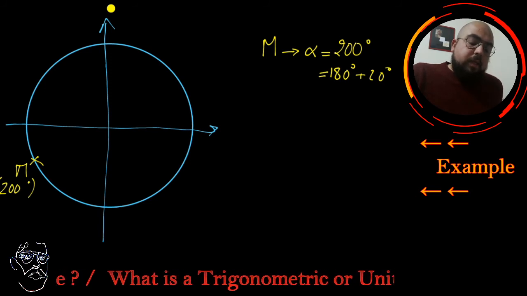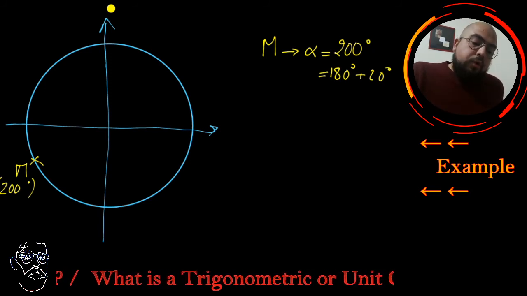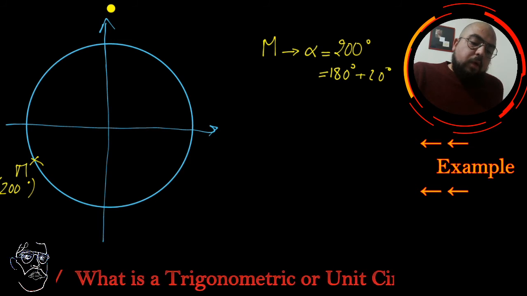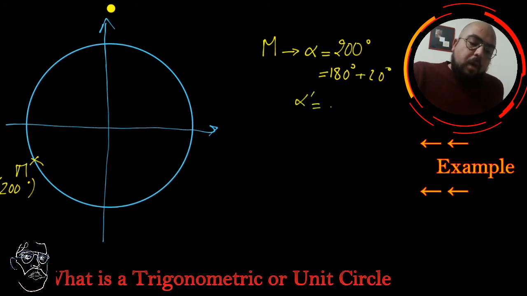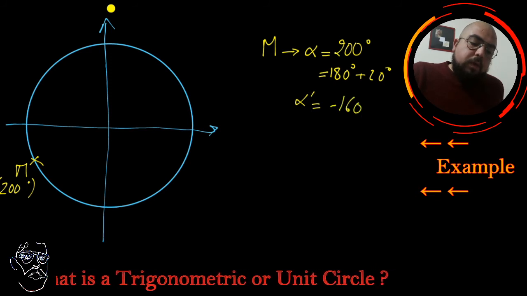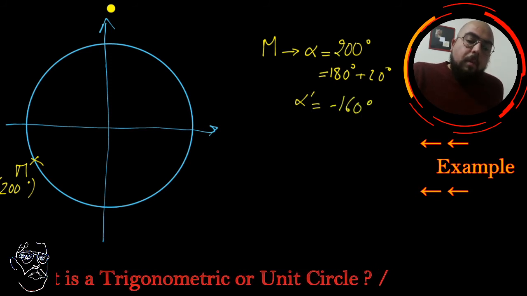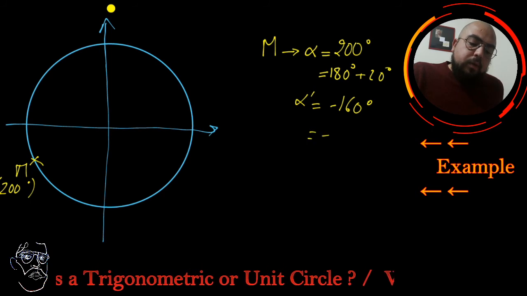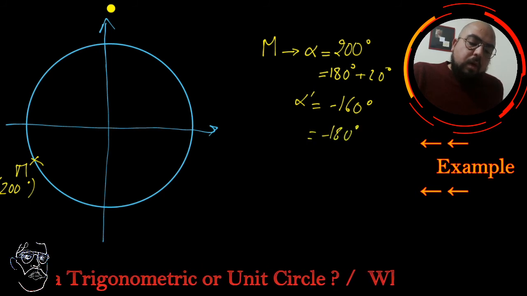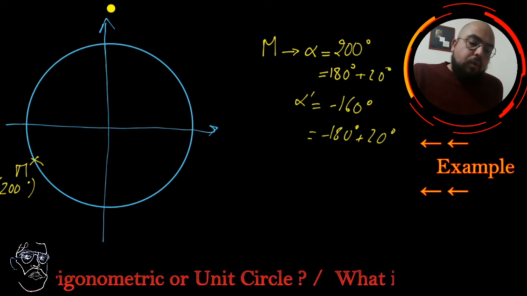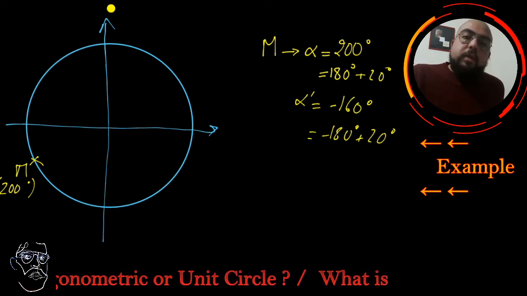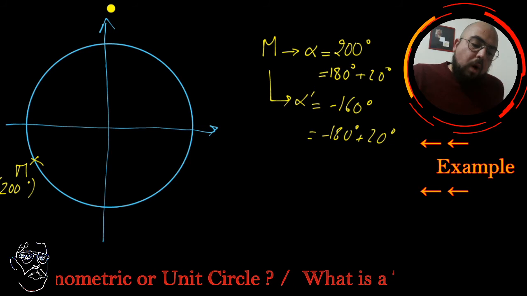Now, let's say someone would choose, instead of 200 degrees, alpha prime equal to minus 160 degrees. Minus 160 degrees is minus 180 degrees plus 20 degrees. So you will reach the same point M. Why?